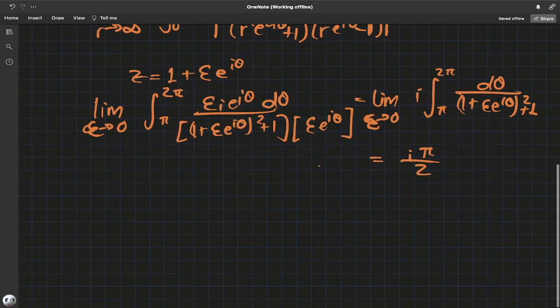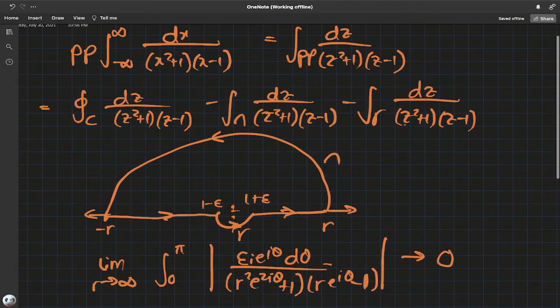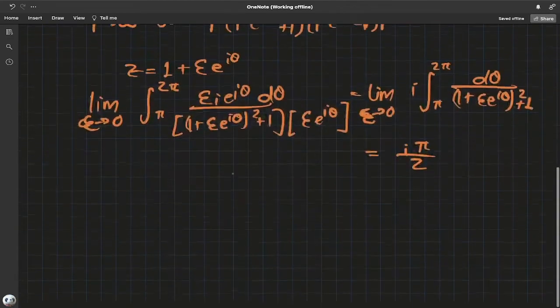For the contour integral, just use the residue theorem again. Notice we have two poles in there. We have z equals i as a pole, because this factors into (z plus i)(z minus i). So z equals i is inside, z equals minus i is outside. So we have z equals i and also this 1 because we chose to include it.